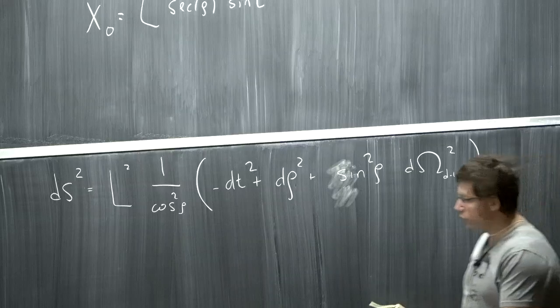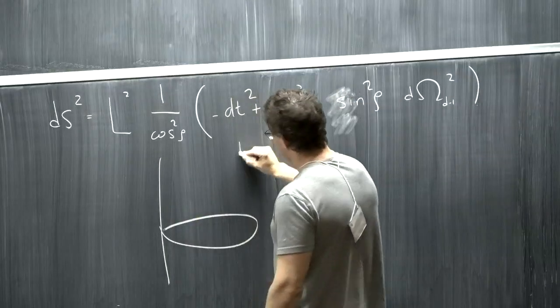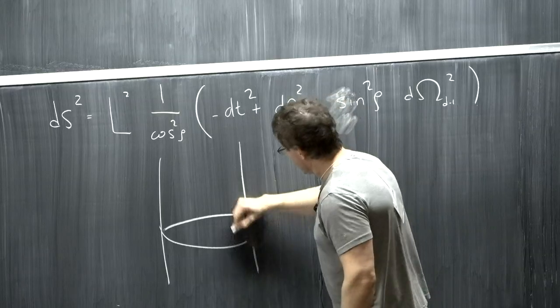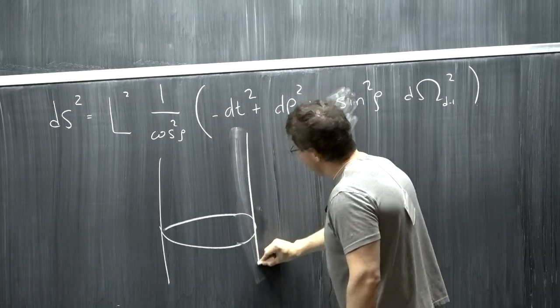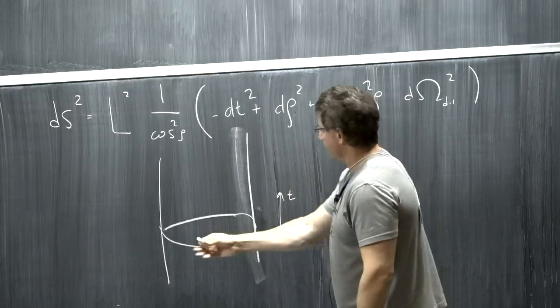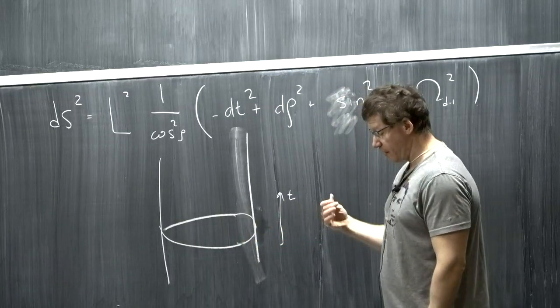Let me just draw a picture. It's like a cylinder. You should think about AdS_{d+1} as a cylinder. Time runs up, and this is the d-dimensional space-like slice.